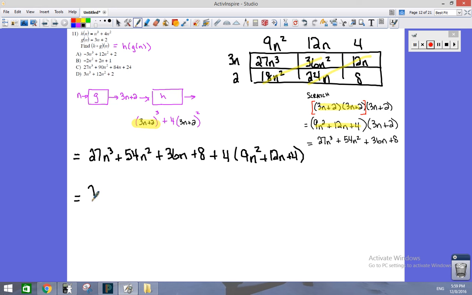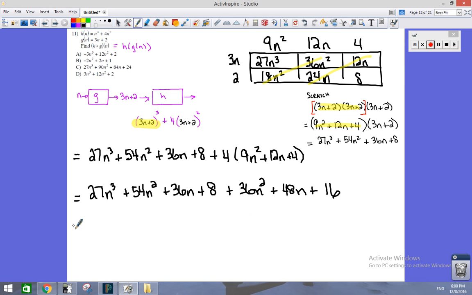So I have this 27n cubed plus 54n squared plus 36n plus 8. And now, inside this trinomial, everybody gets multiplied by 4. I've got 36n squared, 48n, and 4 times 4 is 16.